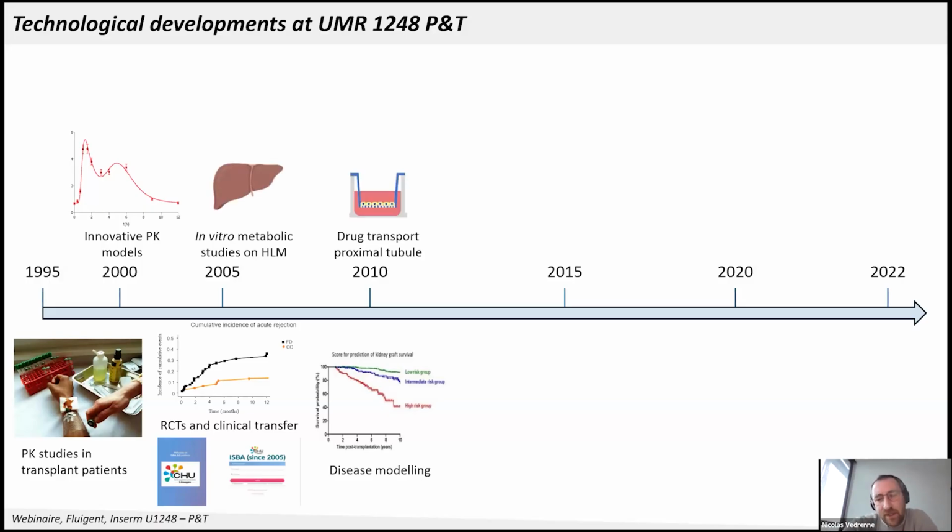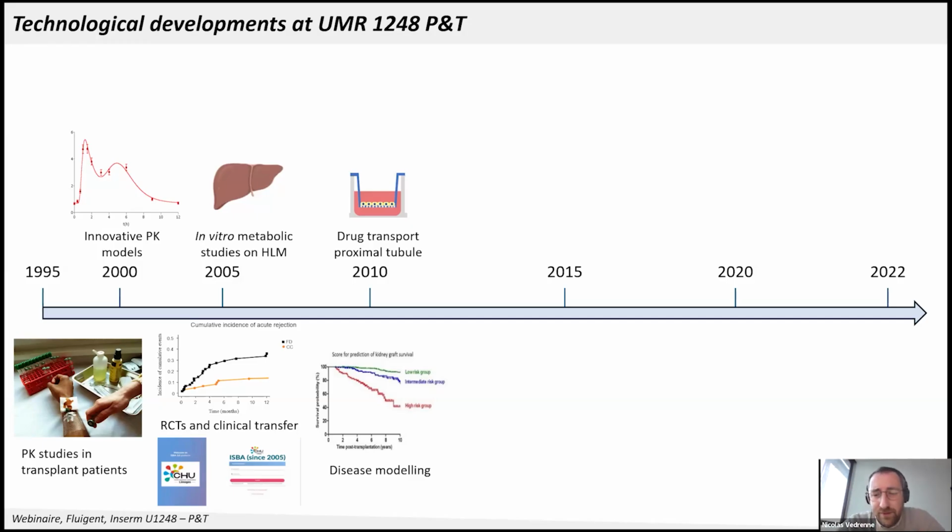Then, between 2005 and 2010, our research incorporated in vitro approaches, including metabolic studies on human liver microsomes and drug transporter study using a human cell-based system. As you can imagine, it was old-fashioned compared to the use of organ-on-chip now.